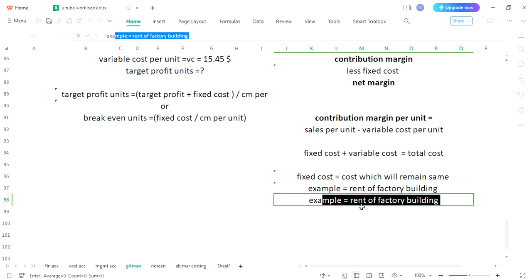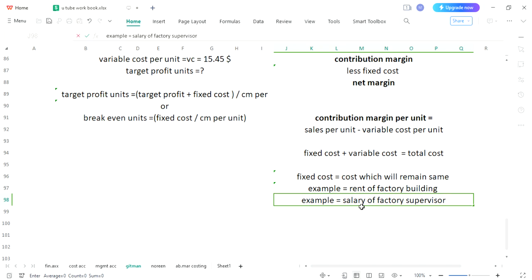Another example we can quote is salary of factory supervisor. So here again is an example of fixed cost. The factory supervisor is getting salary.